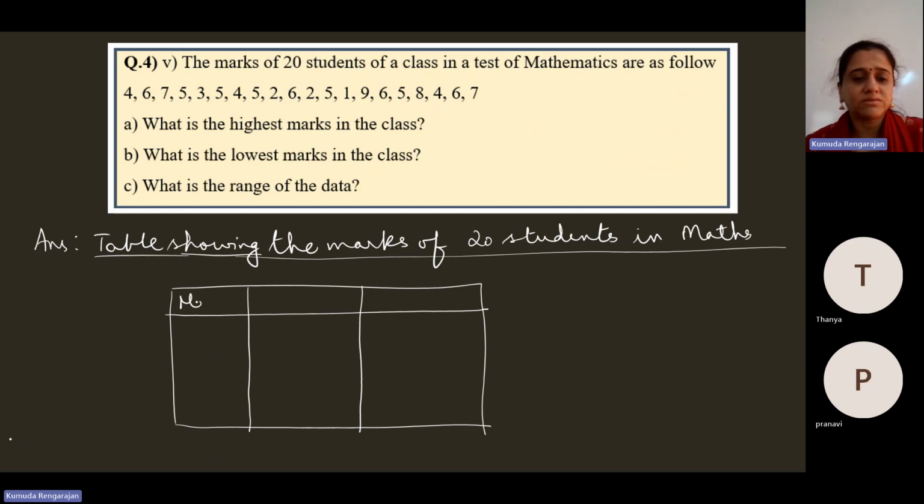Then marks, tally marks, frequency. Correct? Okay, marks. Do we see one? One. Yes, there is one. What about two? Yes. What about three? Do you see all the numbers? Tell me, what are the numbers you see? 1, 2 is there?